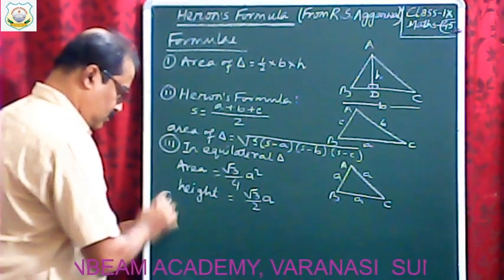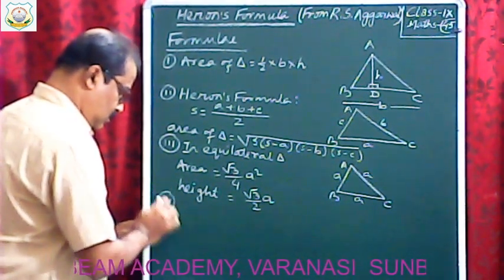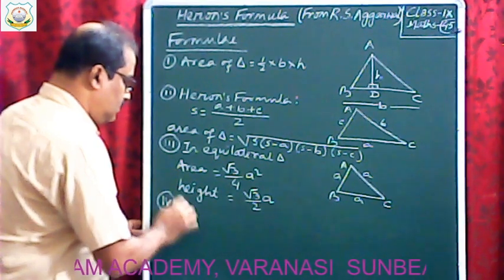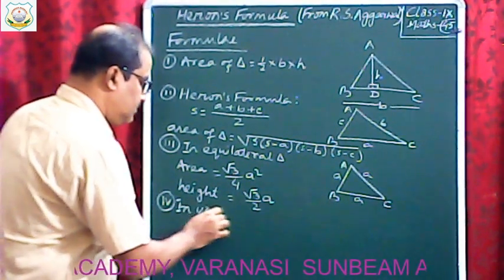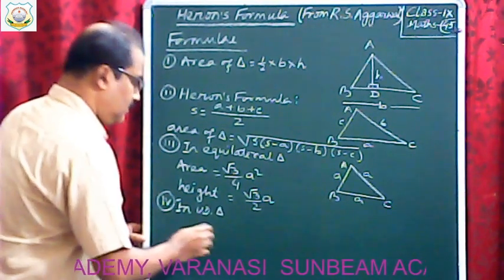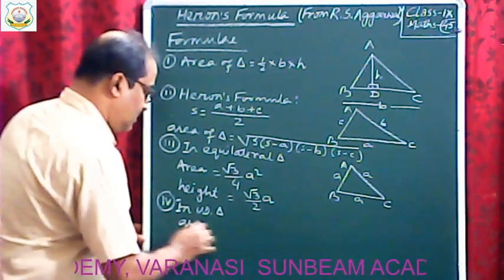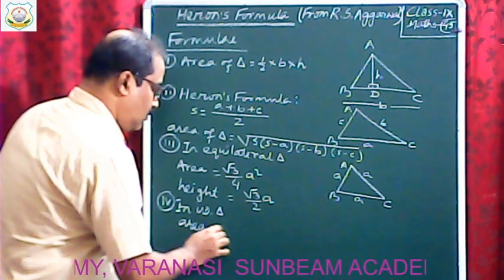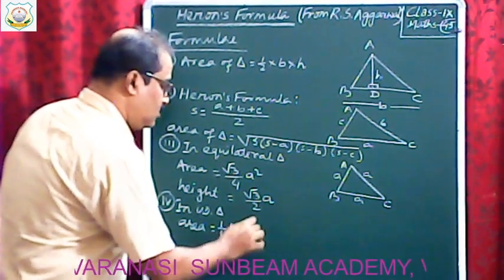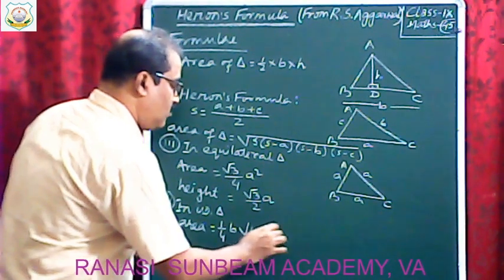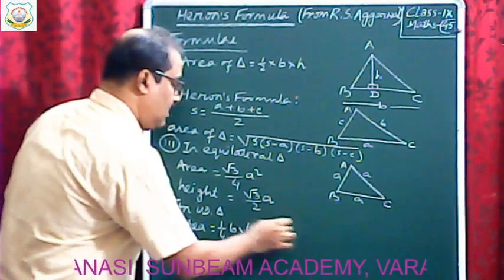Number 4. In isosceles triangle, okay, area equal to 1/4 into b into square root of 4a square minus b square.